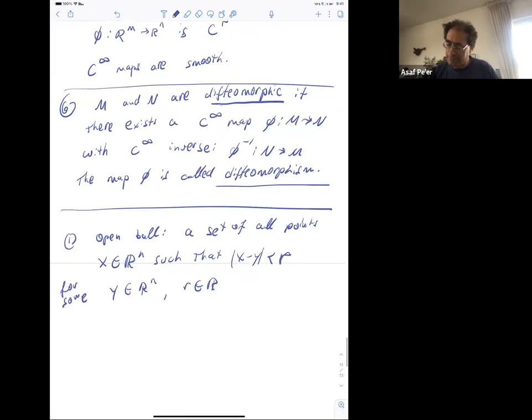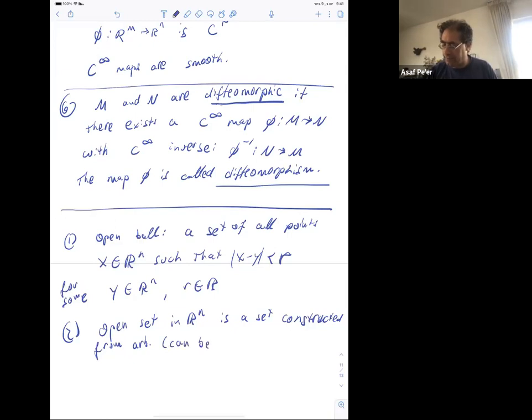An open set in Rn is a set constructed from an arbitrary, possibly infinite, union of open balls.